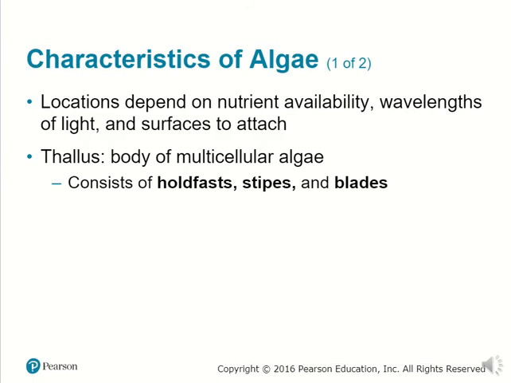Typical characteristics are that the location where these algae are found will depend on a variety of factors, including the availability of nutrients, the wavelengths of light that are typical in that region, and the surfaces to which they are attaching. The thallus, which is the body of multicellular algae, consists of holdfasts, stipes, and blades.